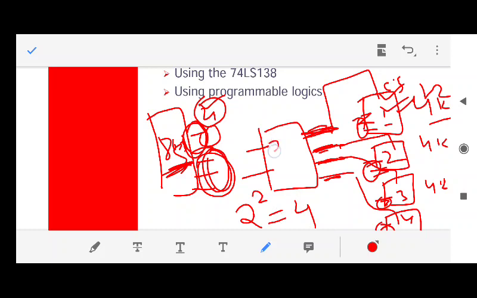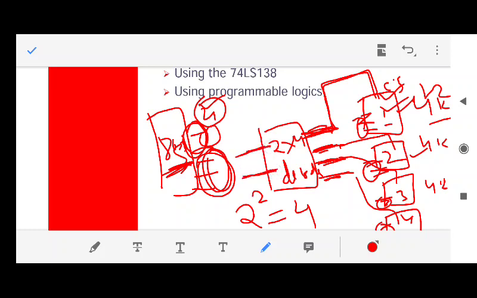The size of the decoder is a 2 by 4 decoder. 2 address lines will be connected here. It will be converted to 4 lines, and each line will select a chip. How will it select the chip? I'll explain this to you. It's very easy. For example, if you want to select the second chip, how will it select? Depending upon the value coming to this.